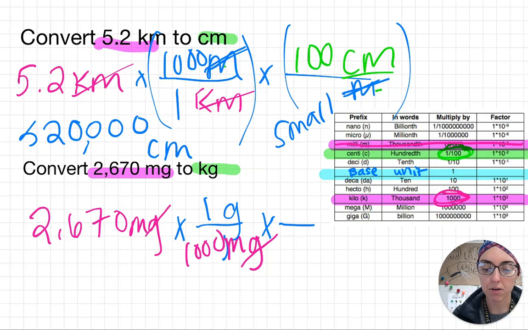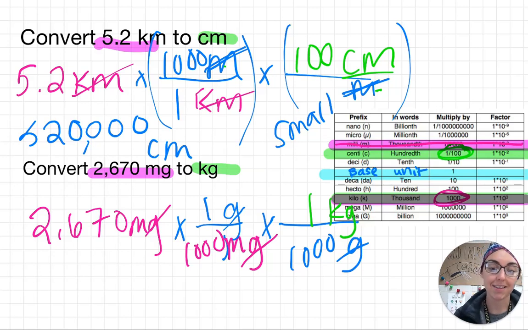And now I can cancel out my grams and go to my end unit I want, which is those kilograms. And again, I can look at my chart, and I know there's 1,000 grams in 1 kilogram.